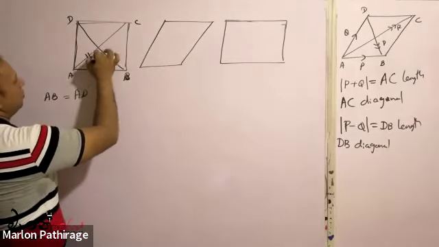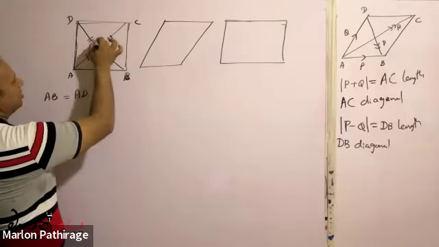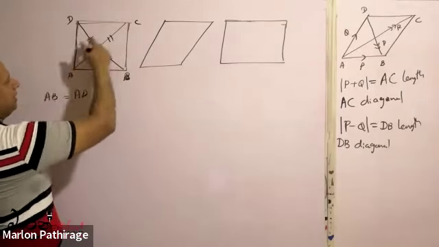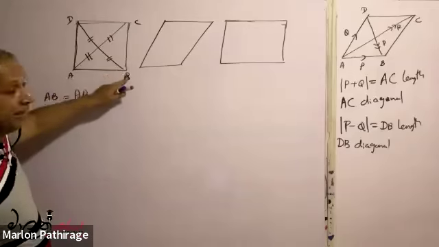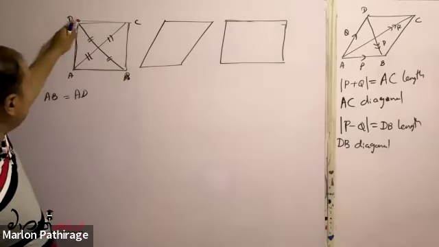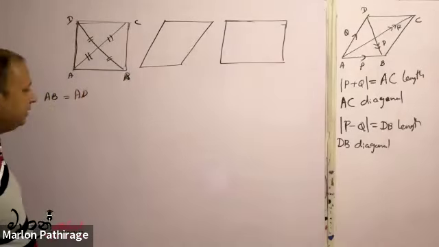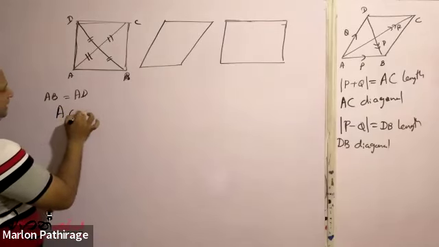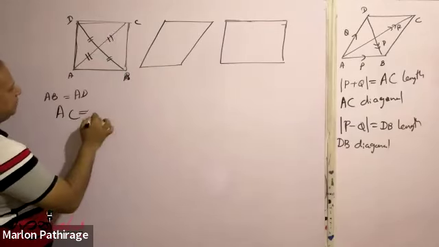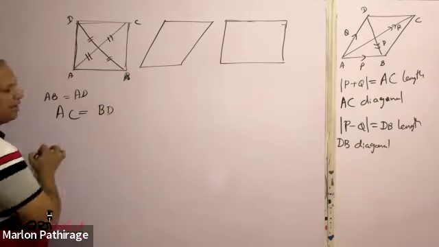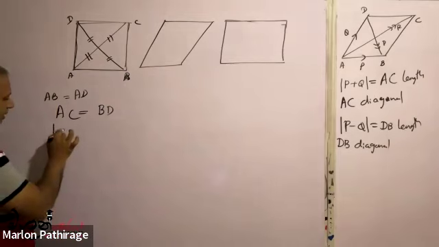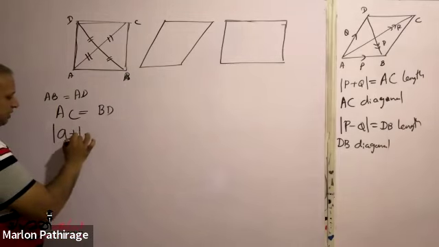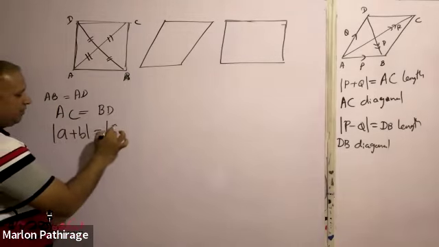You know these two lengths are equal. That means it is very clear A minus B length should be equal to A plus B. AC diagonal is equal to BD diagonal, which means modulus of A plus B is equal to modulus of A minus B.